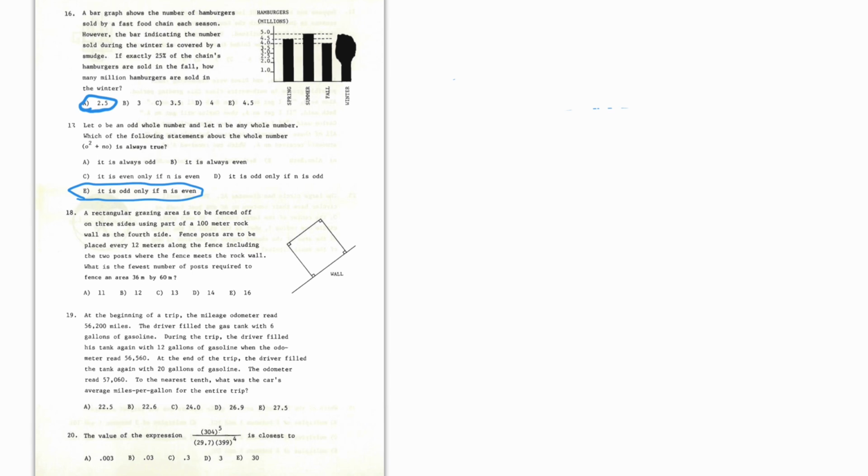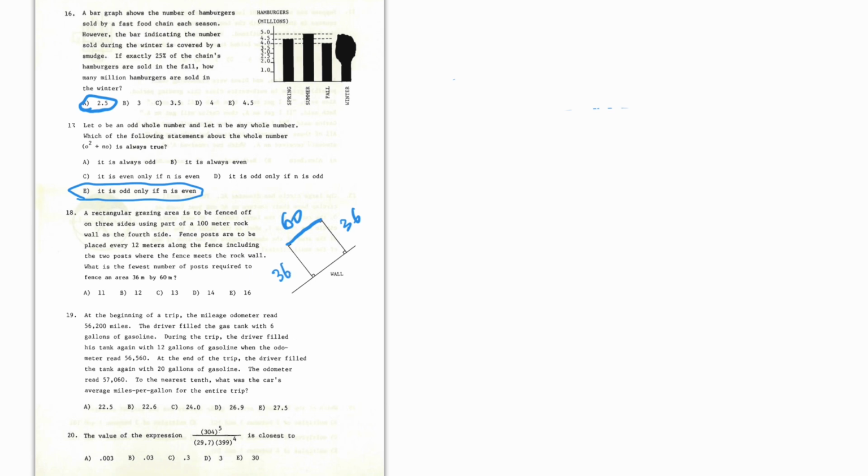What is the fewest number of posts needed to fence an area 36 meters by 60 meters? Try to use the length post, so for the length use the 60 and for the width use the 36.